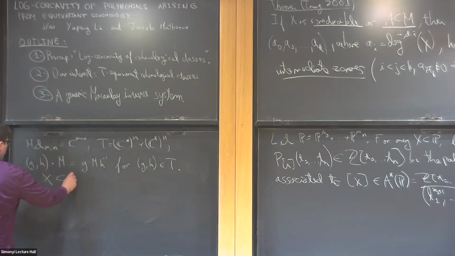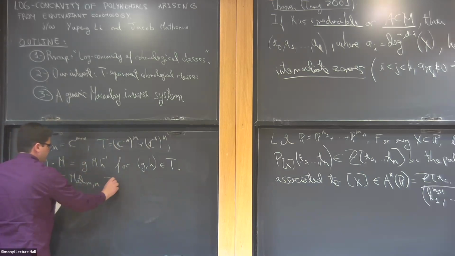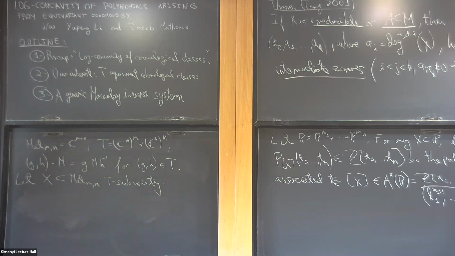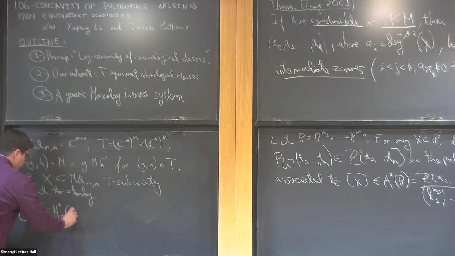And so let X be some torus invariant subvariety of this space, and we want to see what we can say about the cohomology class of the torus-equivariant. So we want to study the torus-equivariant class of such a torus invariant subvariety inside the cohomology ring of this space of matrices.